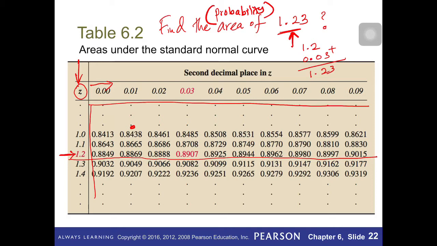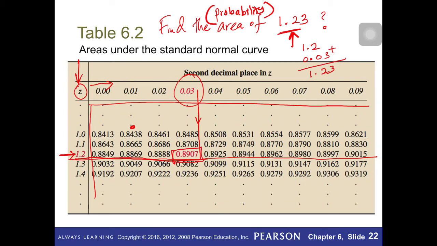You have to go to the columns and find the value 0.03. See, here you can find 0.03. So come down along that column. When this horizontal line and this vertical line meet each other, you can find the particular value.